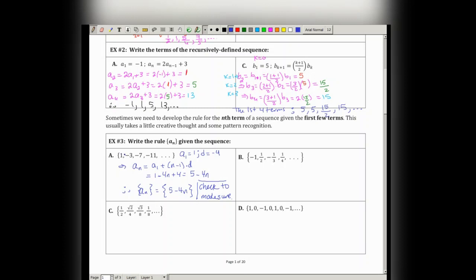The common difference is basically the difference between this number and this number, this number and this number, this number and this number, right? So this is a common difference. Okay, and the common difference is basically the difference between a sub n and a sub n minus 1.